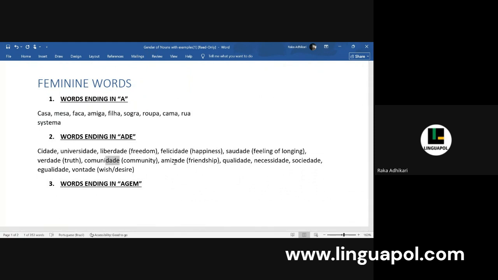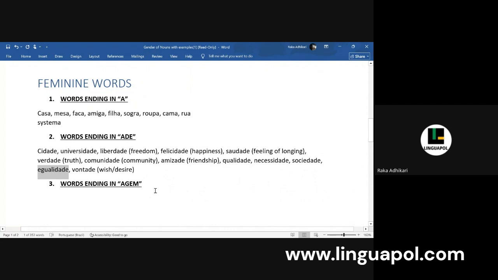Then we have amizade, friendship. So we have amigo or amiga for the word friend, and for friendship we say amizade. Qualidade, quality. Necessidade, necessity. Sociedade, society.